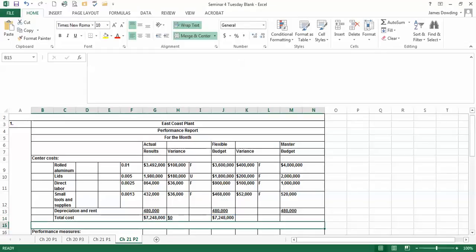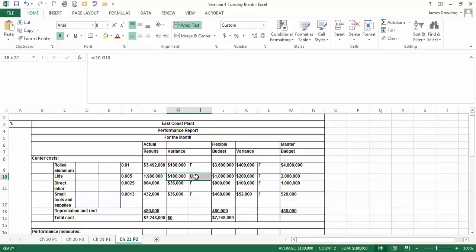Initially you'd say, well that's good, we didn't have any variances. But notice that we had an unfavorable here of 180,000. This is going to be a caution. This is something that we should look at because somehow we had an overrun of $180,000 in costs on our lids. So what could that be? That could be that we have some extra damages. Our machine is not producing quality things. We're getting defective lids from our vendors. So something we need to check out on that.